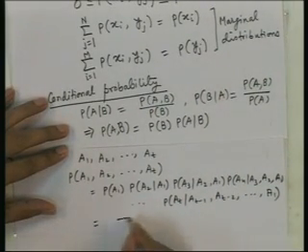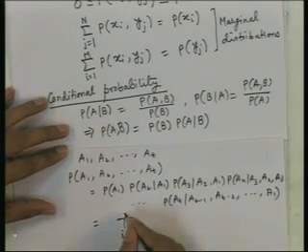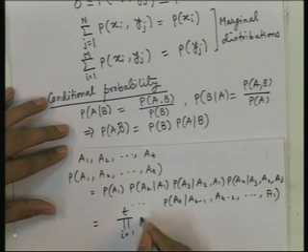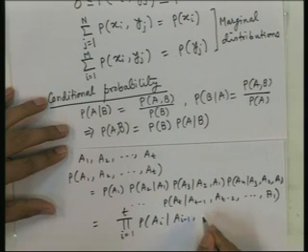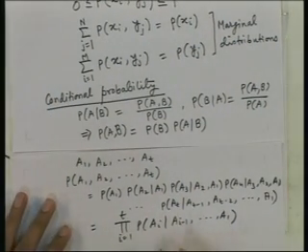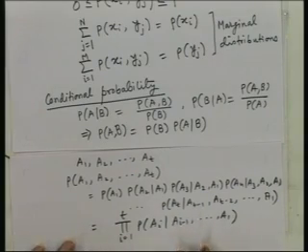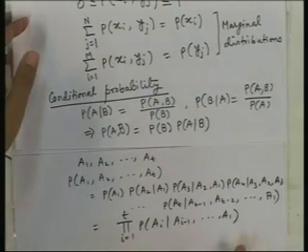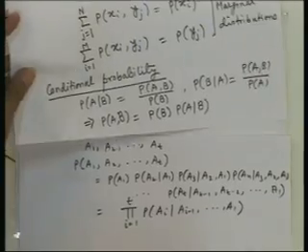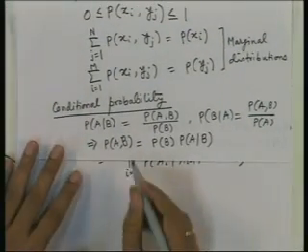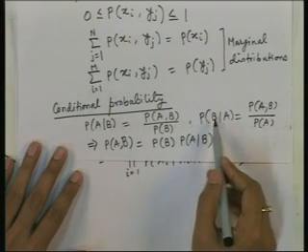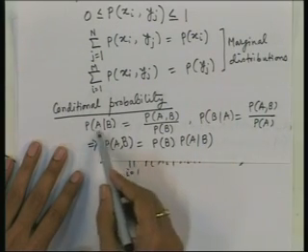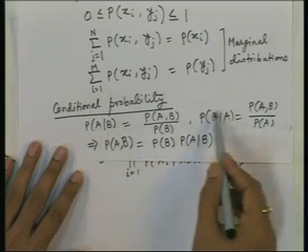This can be written in short as the product of probability of AI given AI minus 1 to A1. So, this is called chain rule. And now from here one can express, suppose we know this probability, but we want to compute this probability.